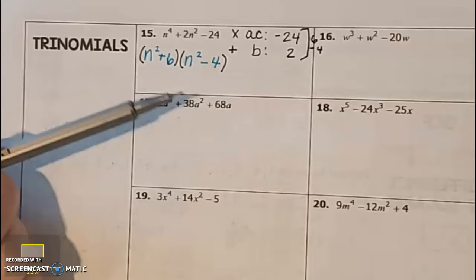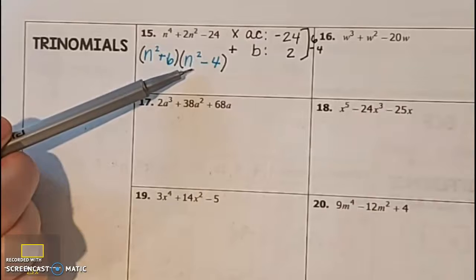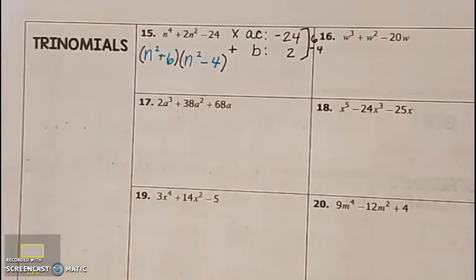That becomes the difference of two perfect squares. But it seems that my doc camera has frozen, so let me pause and let it catch up. I'm going to rewrite n squared plus 6.